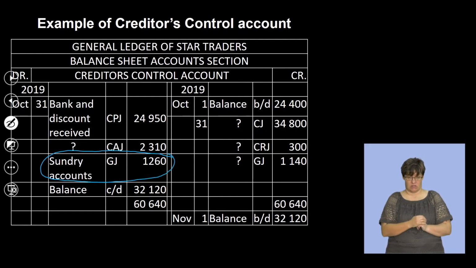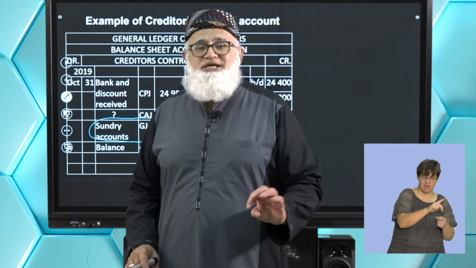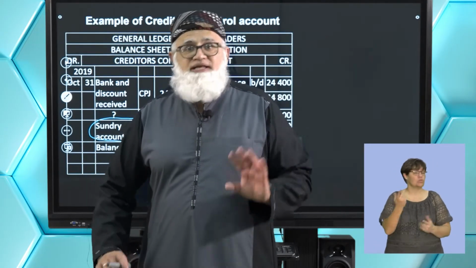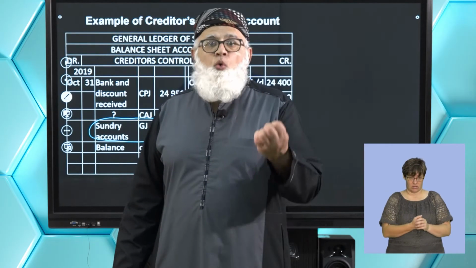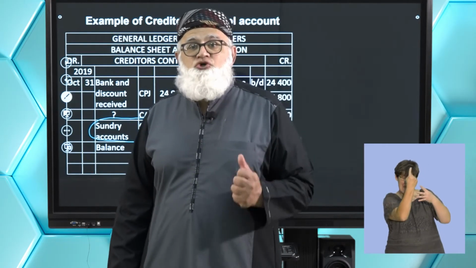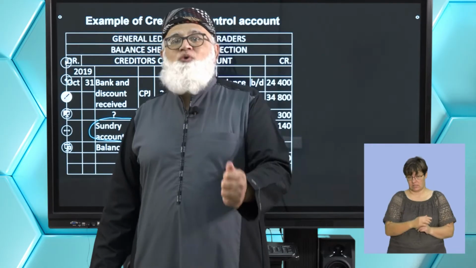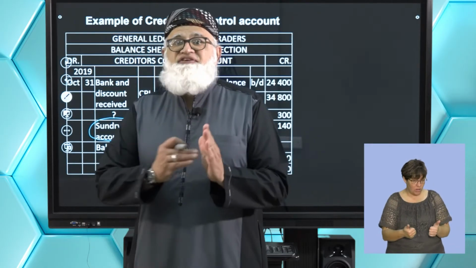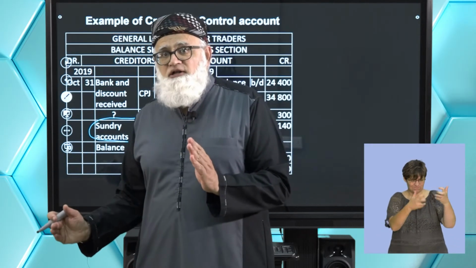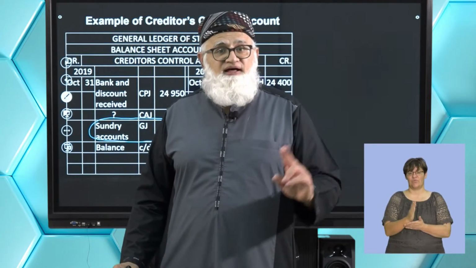Remember, all these transfers of debtors and creditors are processed via the general journal. In other words, know what each journal is being utilized for. Because once you know that, you'll know that if it doesn't fit into any of those journals, then obviously it has to be processed via the general journal.